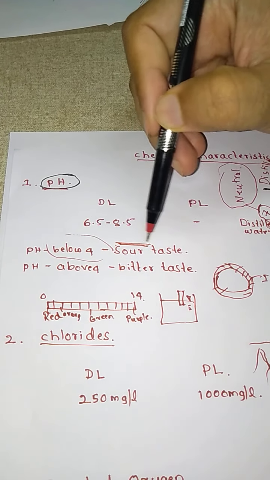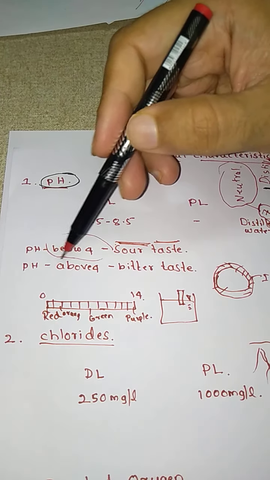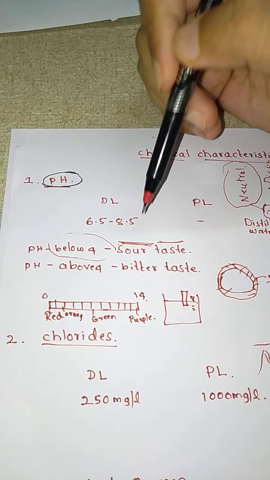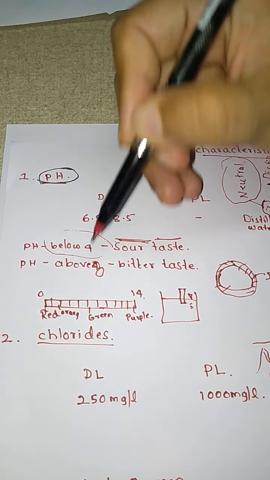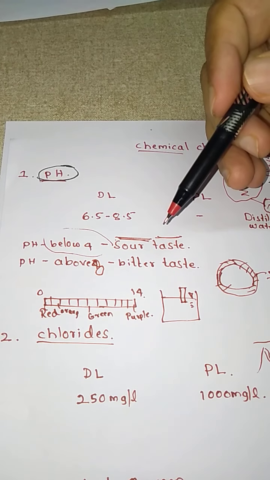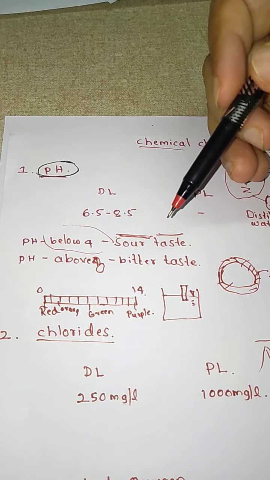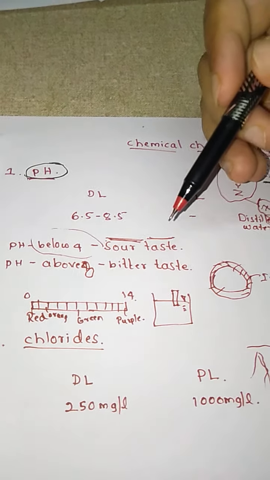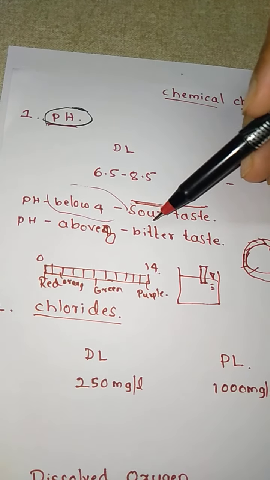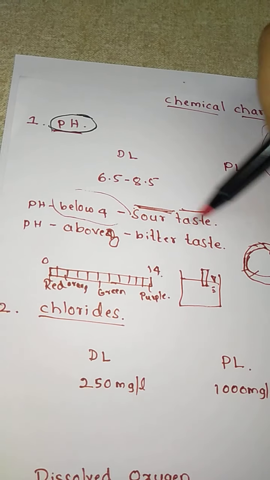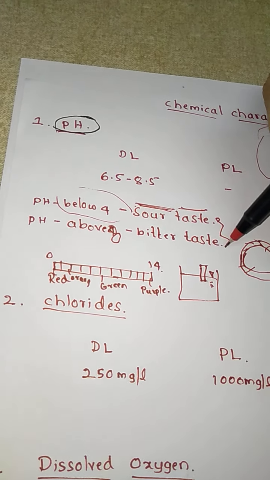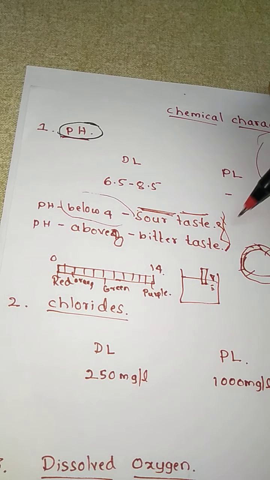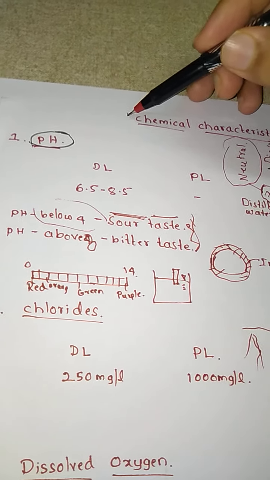And when the pH of water is above 8, or 8.5, it is going to give us a bitter taste. That is the reason why pH is important in terms of the chemical characteristics.